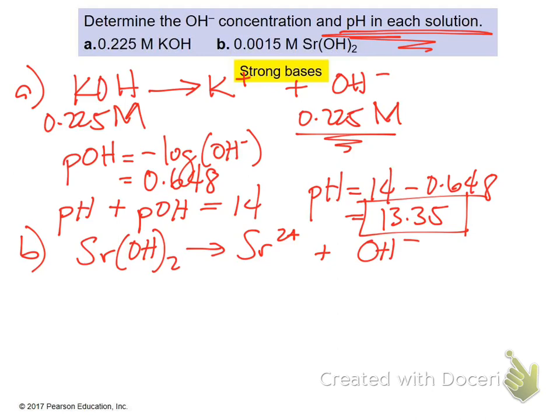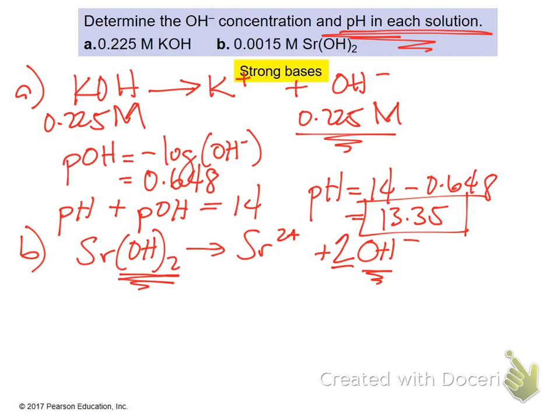We have 2 units of the hydroxide on the reactant side, but only 1 unit of hydroxide on the product side. So that means that we have to balance this reaction equation by simply putting a coefficient of 2 in front of the hydroxide ion. So now you can tell that it's a 1-to-2 ratio. For every 1 mole of strontium hydroxide, you get 2 moles of the hydroxide ion.